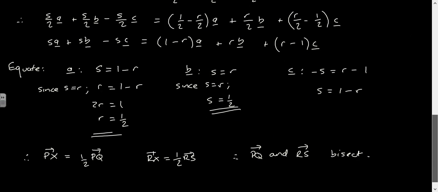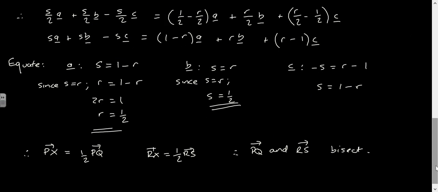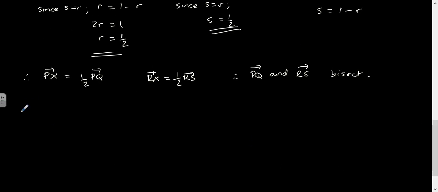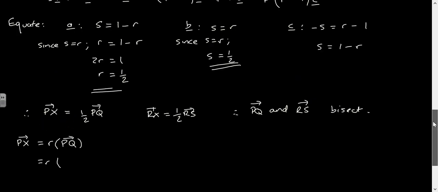So I'm going to start with PX again, because we need two equations to equate to each other. So PX is going to be, I'll use another variable, t. Actually, do you know what? We know that PX is R times PQ, which is going to be R multiplied by our PQ vector.